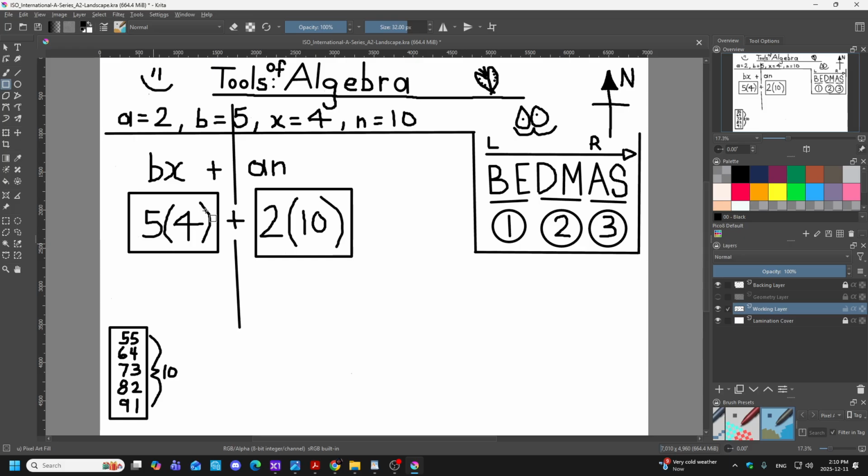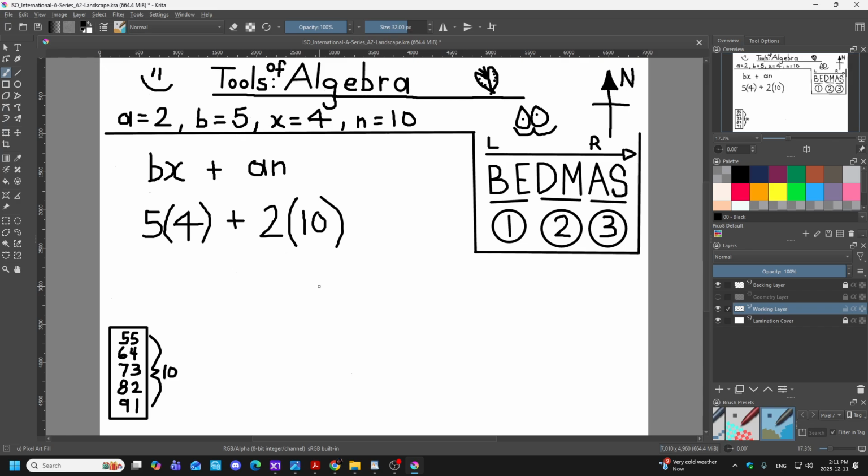Now we have two independent items, one on the left side, one on the right side. I do this just so that you guys and gals can have ease of mind and clarity. So we can solve the left-hand side.